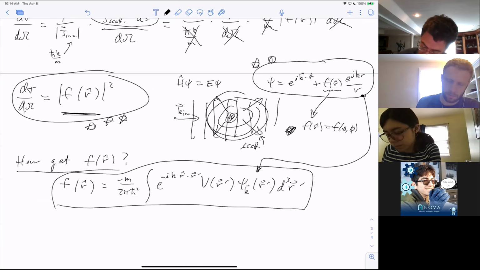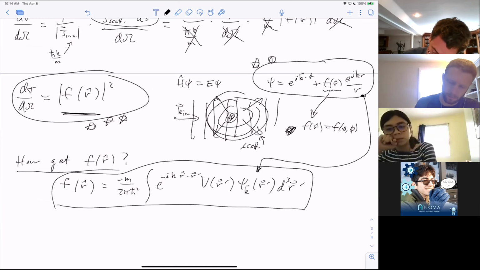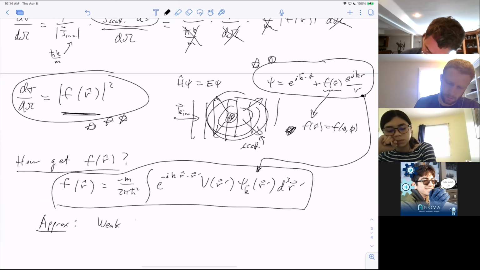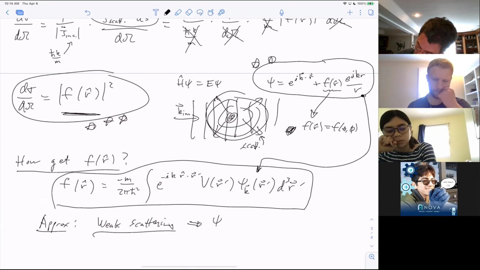But what we can do is we can make an approximation. And we can say, suppose we have weak scattering, in which case, when we plug the psi in, we'll ignore the scattering. We'll say, oh, the scattering is weak.